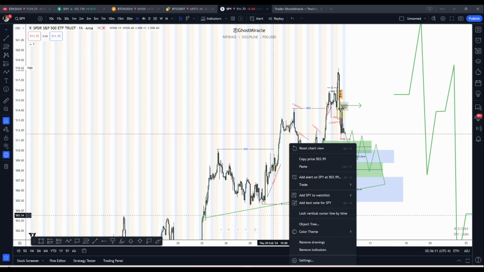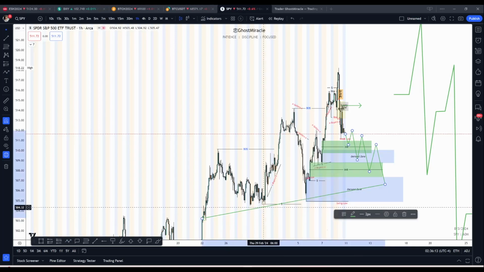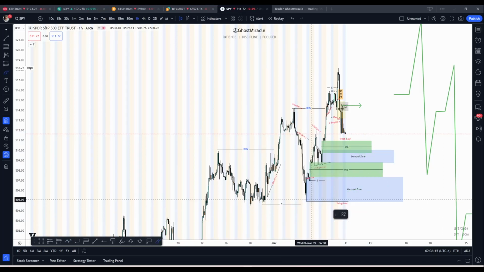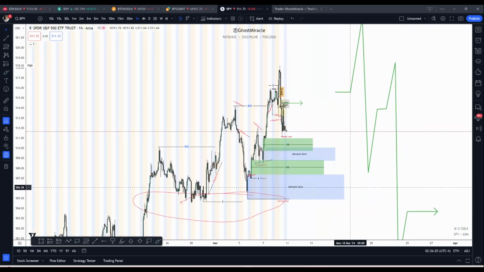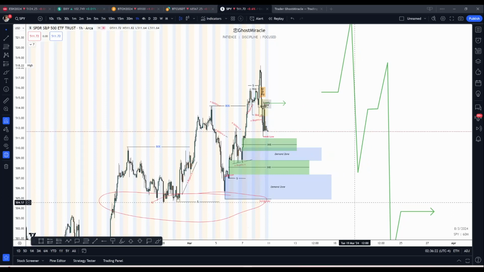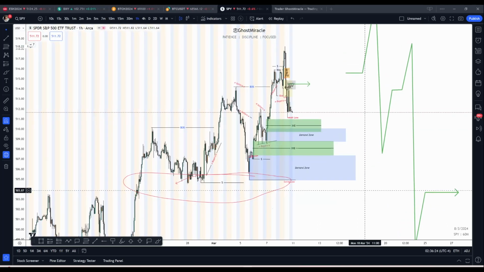So it's a bunch of stop losses in this area in general, right? And from my understanding, price hunts stop losses, right?